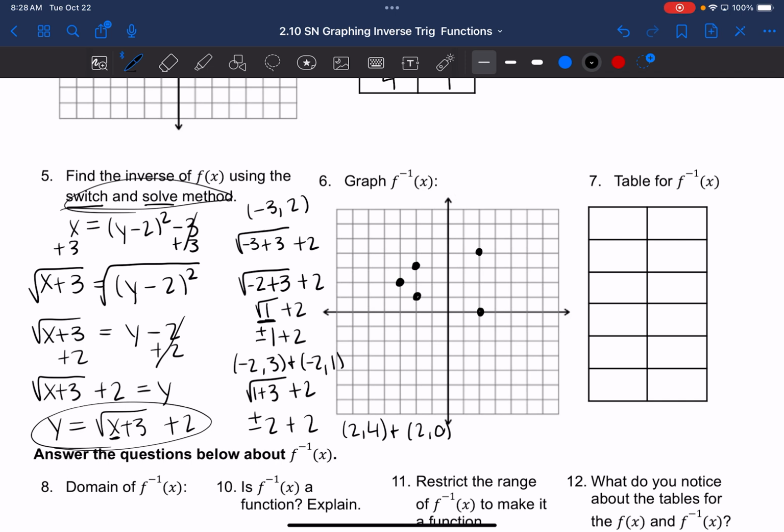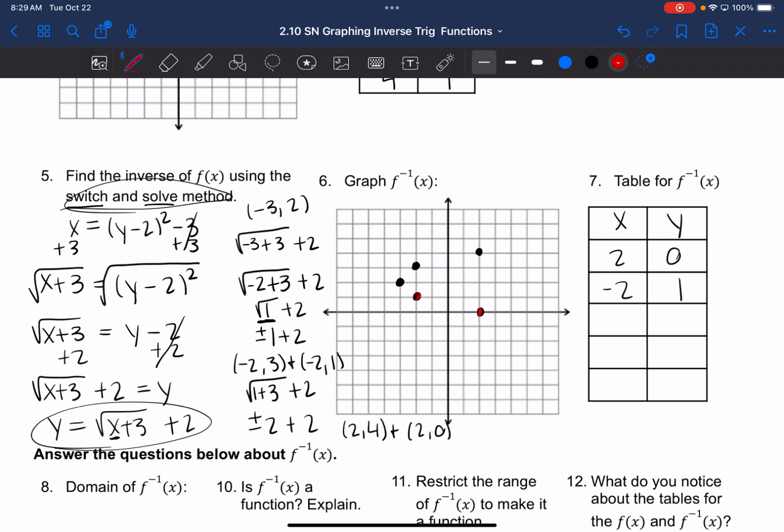All right, so I'm going to go list those in my table over here. So here's my x and here's my y. So if we started down here with this point, so you can see which one I'm talking about, that one is at 2, 0. Okay. All right, and then we have this point here, which is at negative 2, 1.